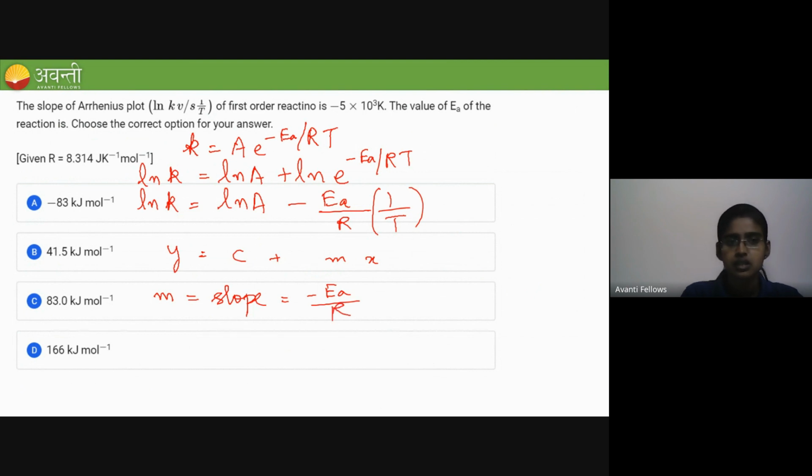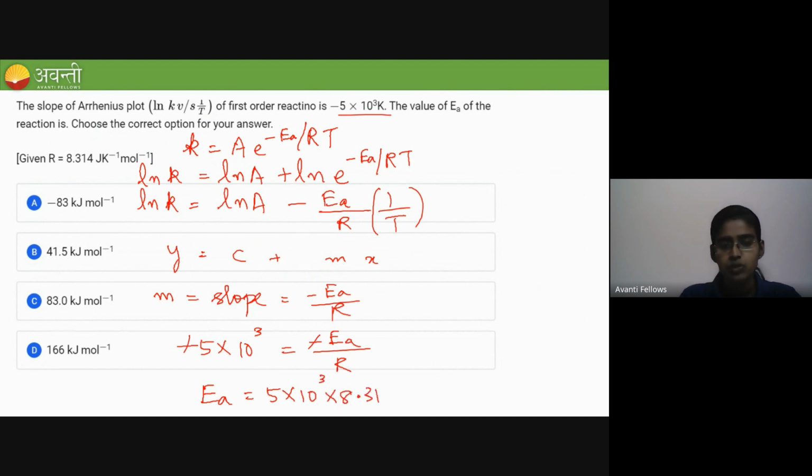So the slope is minus 5 into 10 power 3, which is equal to -Ea/R. Minus minus gets cancelled, so Ea is equal to 5 into 10 power 3 times R. The R value is 8.314 joule per mole, which gives approximately 41.57 into 10 power 3 joule per mole, which is approximately equal to 41.57 kilojoule per mole.